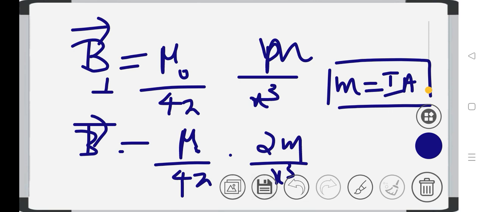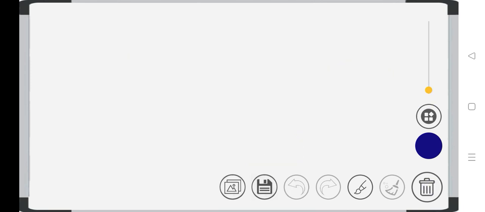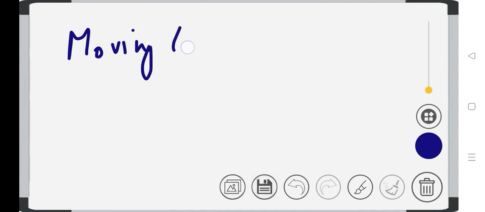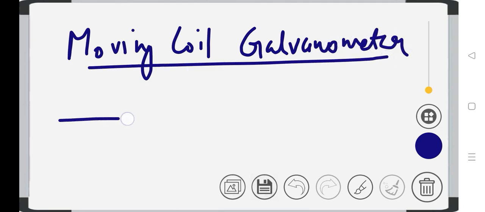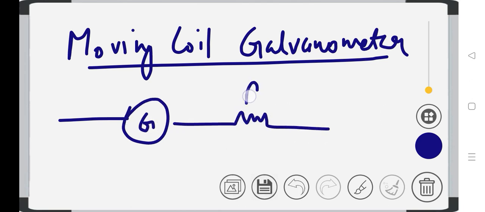And after that, what we had learned? Yes, we had learned the moving coil galvanometer. Galvanometer as ammeter: suppose this is the galvanometer with galvanometer resistance Rg, and we have to convert it into an ammeter.